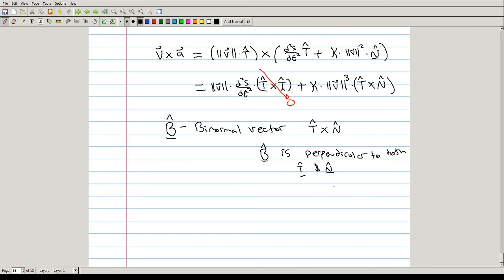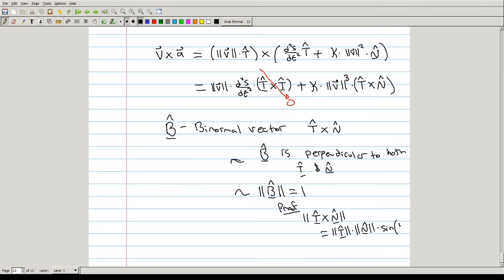And another thing that we can prove, and I'll prove that right here, is that the length of b hat is equal to 1. The proof of that is very, very straightforward. The magnitude or length of any cross product from chapter 6 is the length of the first vector times the length of the second vector times sine of the angle between them.